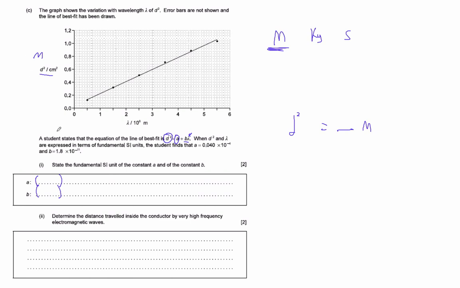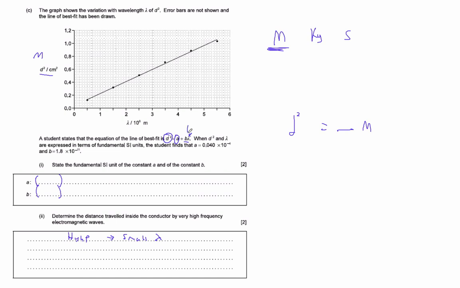Okay, yeah. Then it says determine the distance traveled inside the conductor by very high frequency. Well, high frequency is small wavelength, right? So what you want to look at is you want to find the y-intercept of this thing, right? So when lambda is 0, basically, okay, because they say very high frequency. How high? Very high, right?